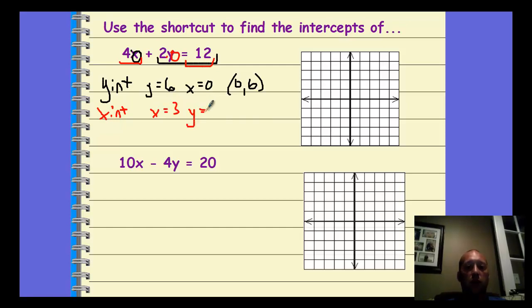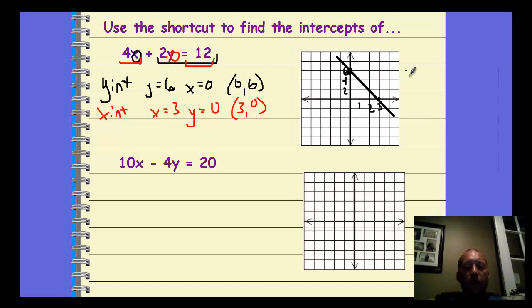And again, we let y equal 0 there. So it's the point 3, 0. So then we can plot those 2 points on the graph and then connect them to graph our line. So 3, 0 and 0, 6. If I go by 2's, I'm going by 1's on the x-axis. You can choose your increments, and I can draw my line.